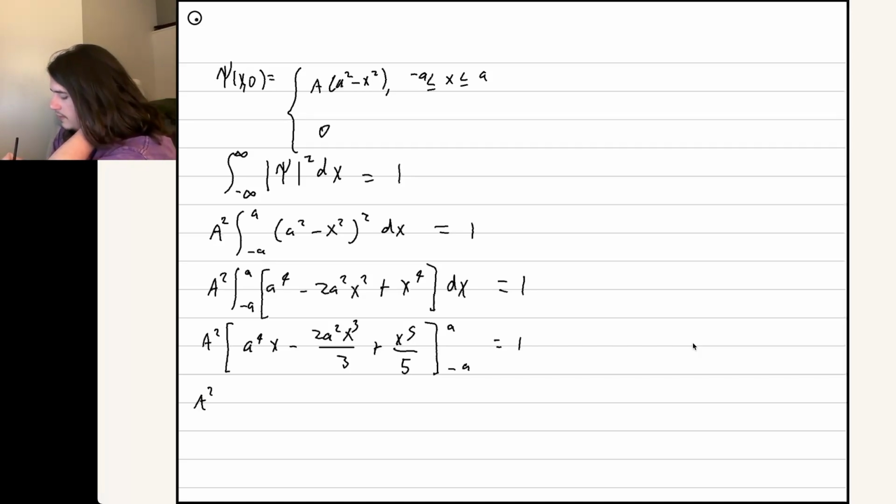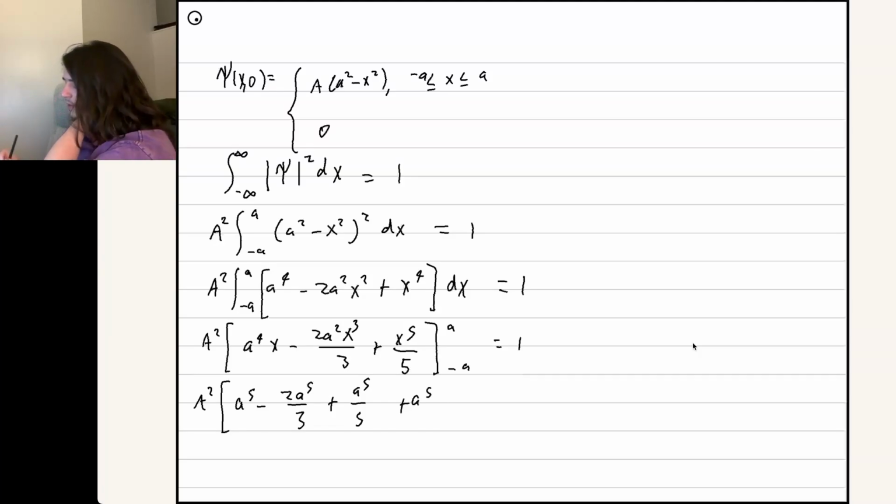So we'll have A squared times a to the fifth minus 2a to the fifth over 3 plus a to the fifth over 5, minus, or plus actually, a to the fifth. So plus a to the fifth minus 2a to the fifth over 3 plus a to the fifth over 5.